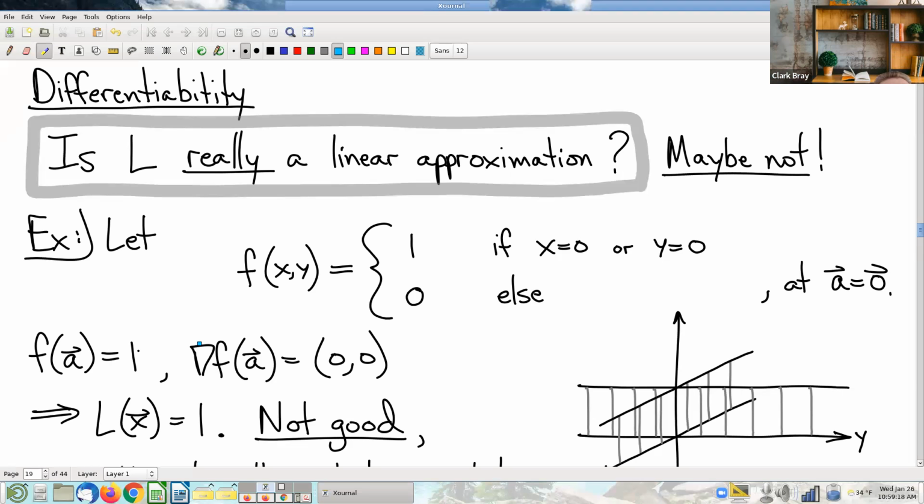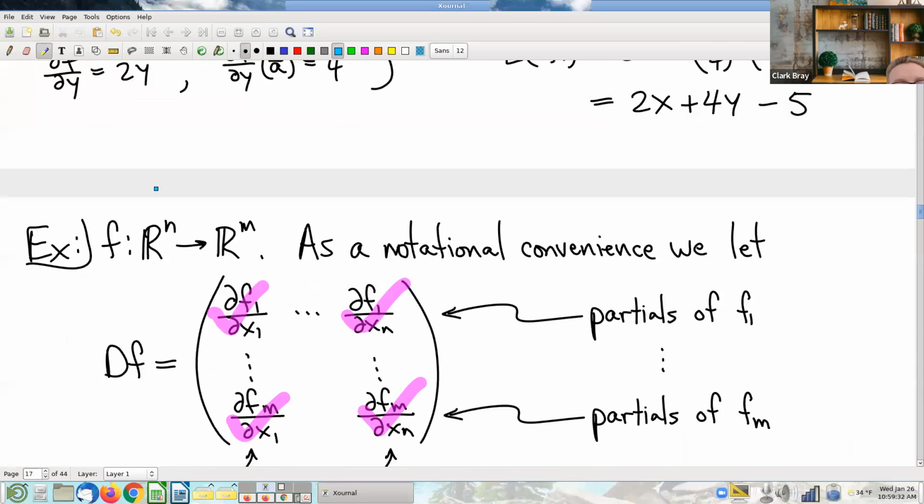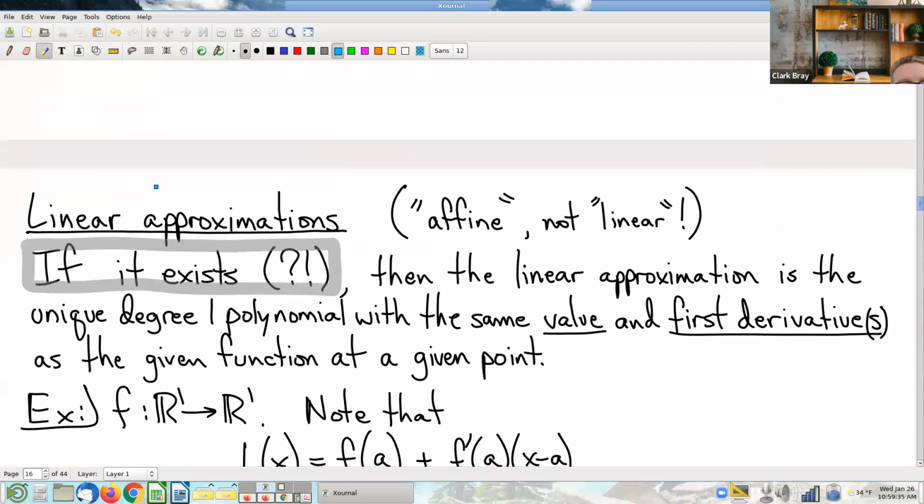And if you stay on the trail, then there are no scary monsters. But I want y'all to know there are scary monsters if you step off the trail. So here's the thing. We wrote down this thing called L. We called it the linear approximation, but you will notice I put a disclaimer way back here at the beginning: if there is a linear approximation in the first place. So I was assuming that there is such a thing.